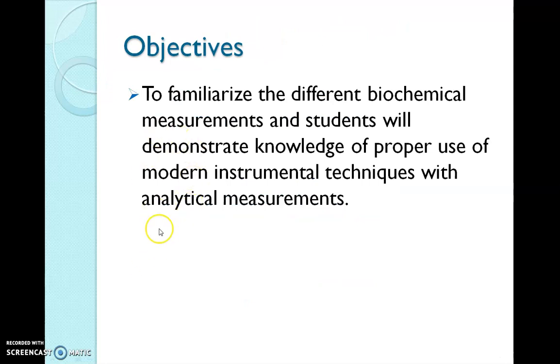The objective of this unit is to familiarize the different biochemical measurements, and students will demonstrate knowledge of proper use of modern instrumental techniques. After learning this unit, the students will use the modern instruments to find the different parameters that are present in the human body and provide the analytical values.